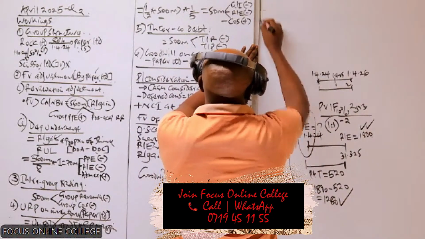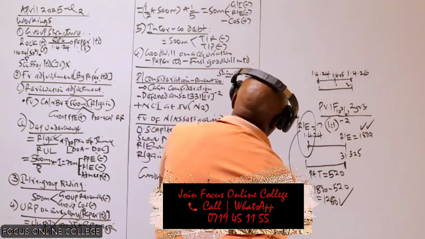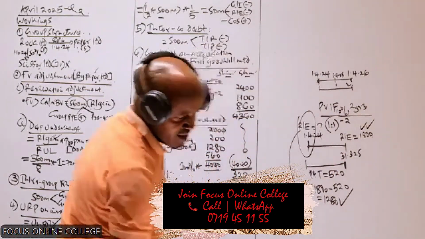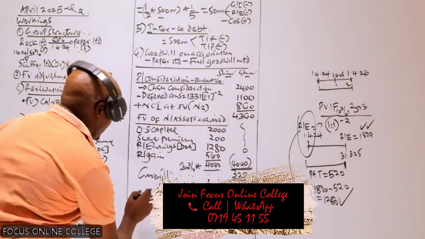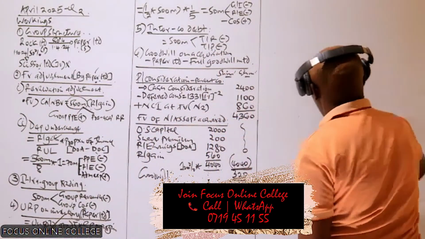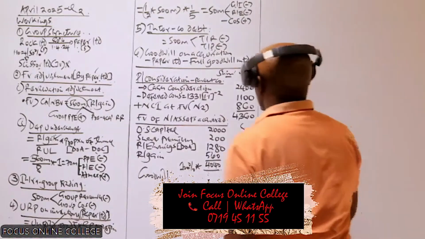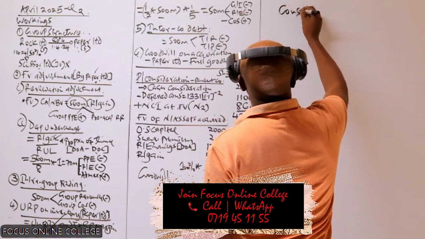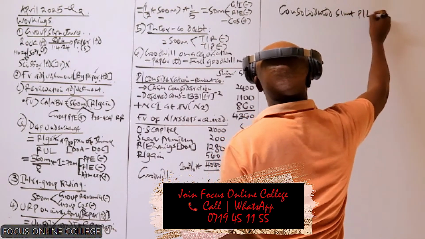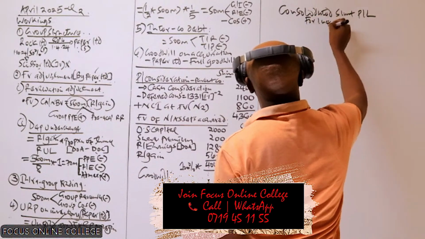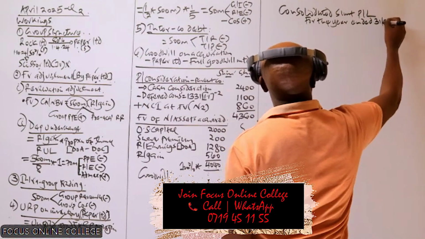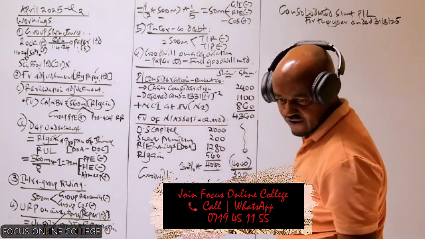So having this now, I want us to prepare what we are required. Because we have now all the workings, to prepare what is required should not take us a lot of time. So we go straight to part A, the consolidated statement of profit or loss for the year which ended 31st of March 2025.